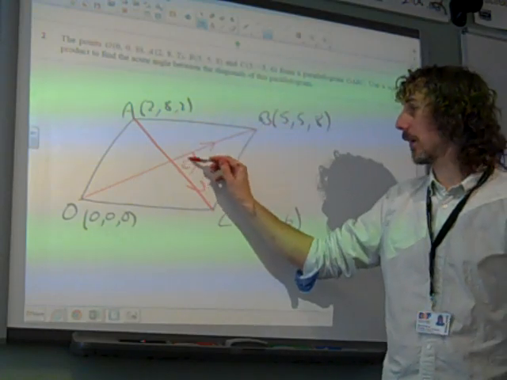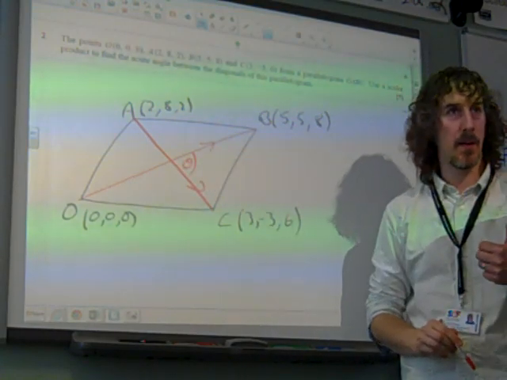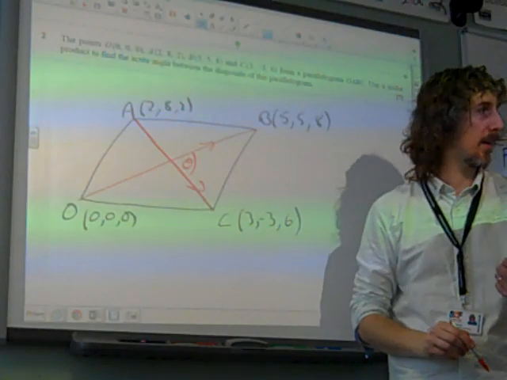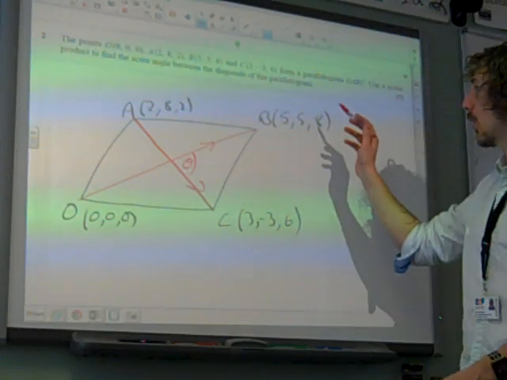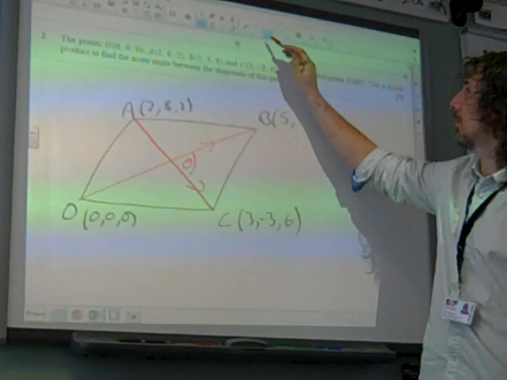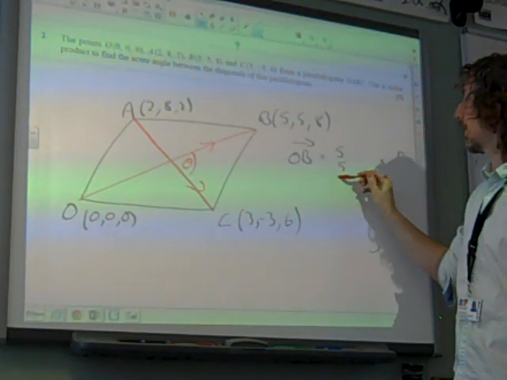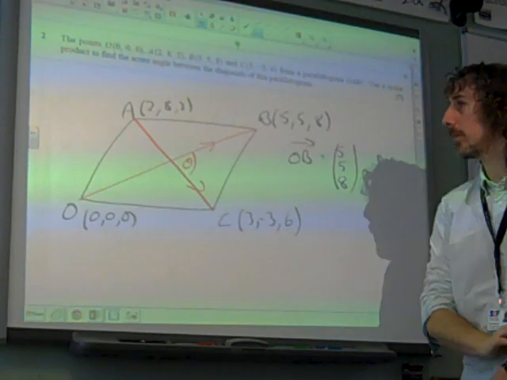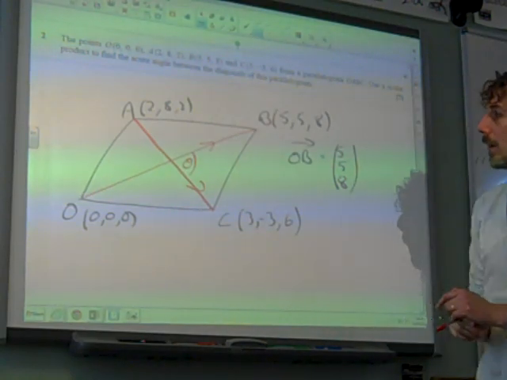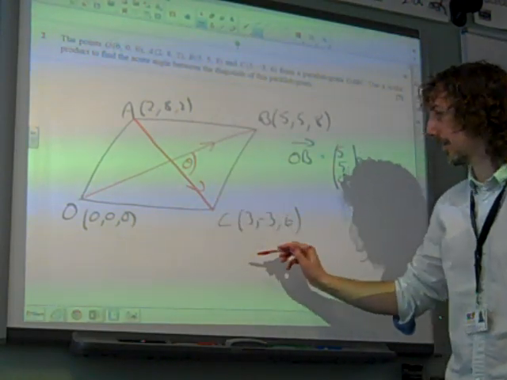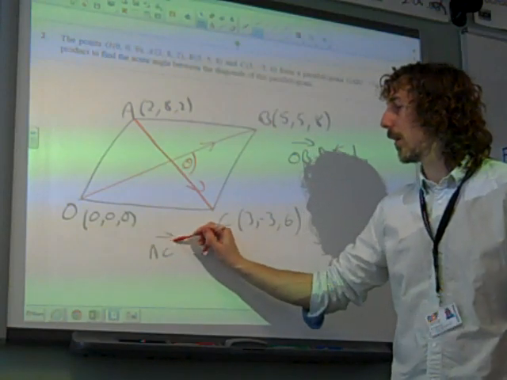So we'll work out that angle. If it's acute, brilliant. If it's obtuse, we'll take it away from 180 and we'll be sorted. So we have the vector OB already, that's given in the question. It's the vector 558. The other vector is the vector AC, so let's work that out.